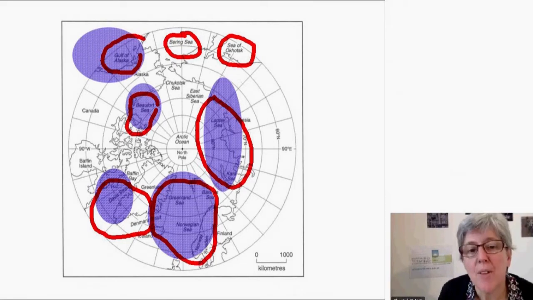Still, a lot of studies on polar lows concern the Nordic seas, and I will mainly talk about the Nordic seas during this lesson. They are much more documented than the others.